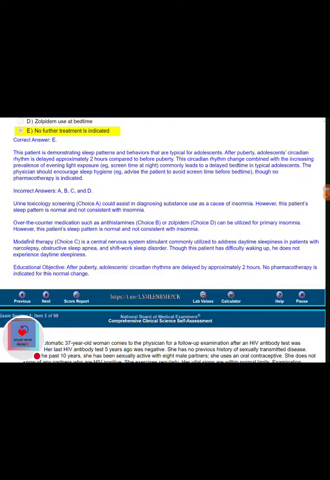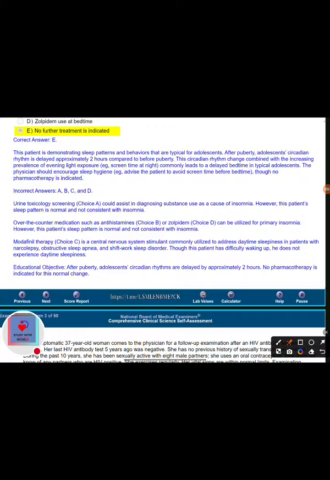The circadian rhythm changes combined with the increasing prevalence of evening light exposure because of excessive screen time during night commonly lead to a delayed bedtime in typical adolescents. The physician should encourage sleep hygiene and should not prescribe any sleep medication like zolpidem or any other medication.